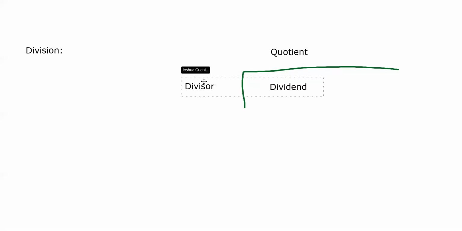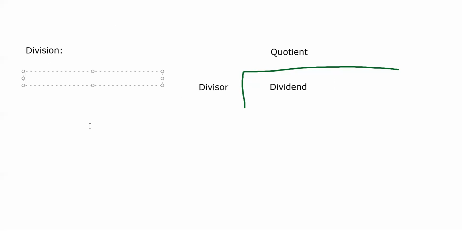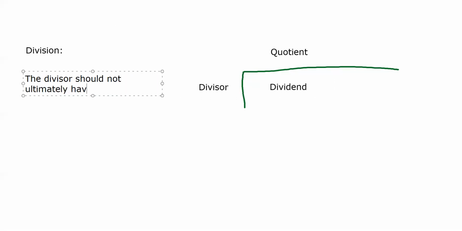Well, now here's the thing. The divisor should not ultimately have a decimal point in it. Meaning, you're going to have to divide by decimal numbers. You can't avoid that. So what we're going to do is make an adjustment.